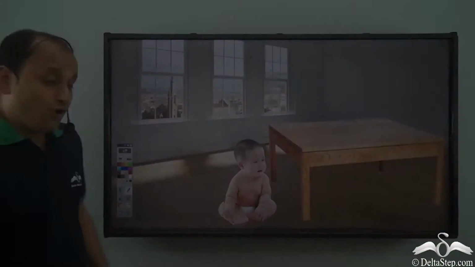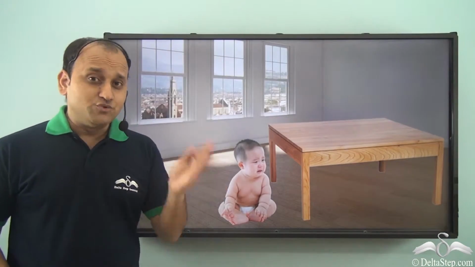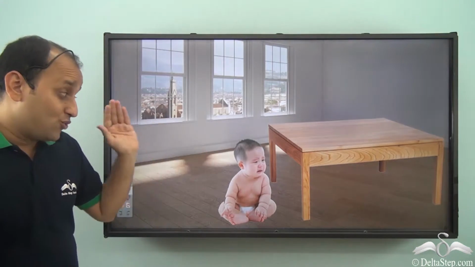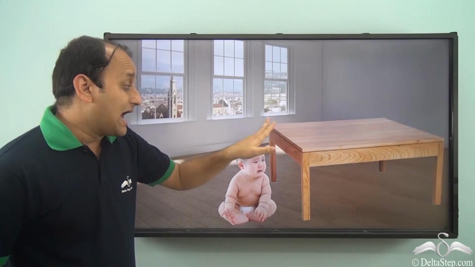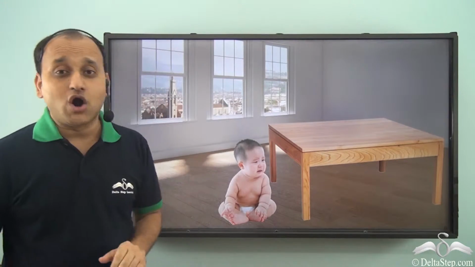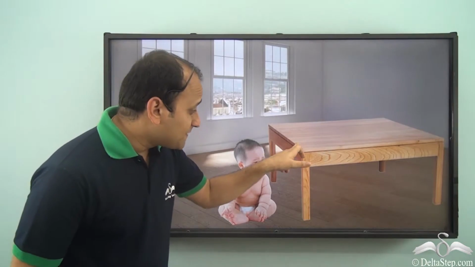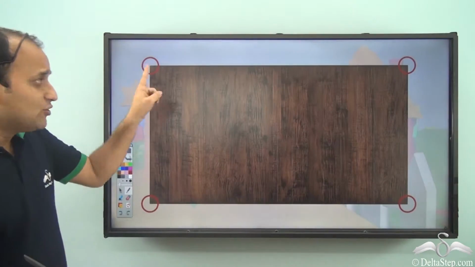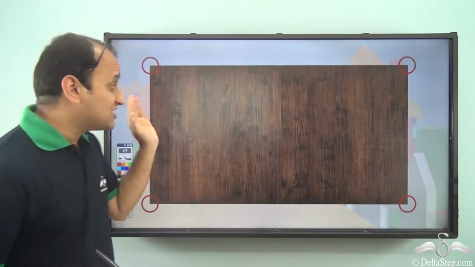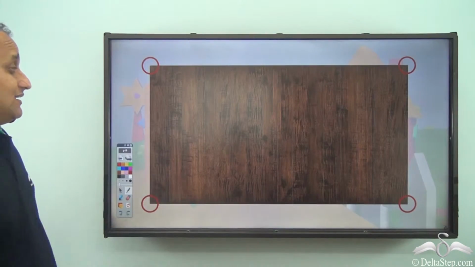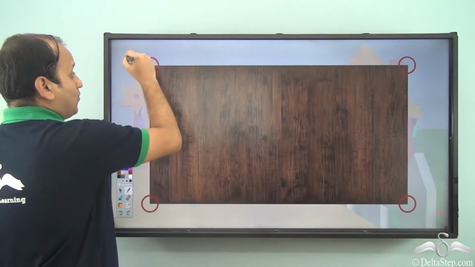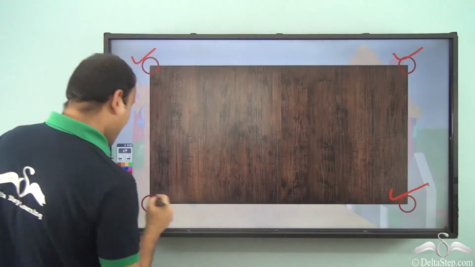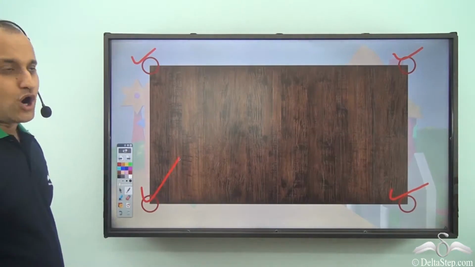Now, when you were very small, you must have noticed that care was taken so that you don't bump your head against these corners, because these are very sharp. Now, if we look at a table, how many such corners do we have? Well, in this shape, we have 1, 2, 3, 4 such corners.